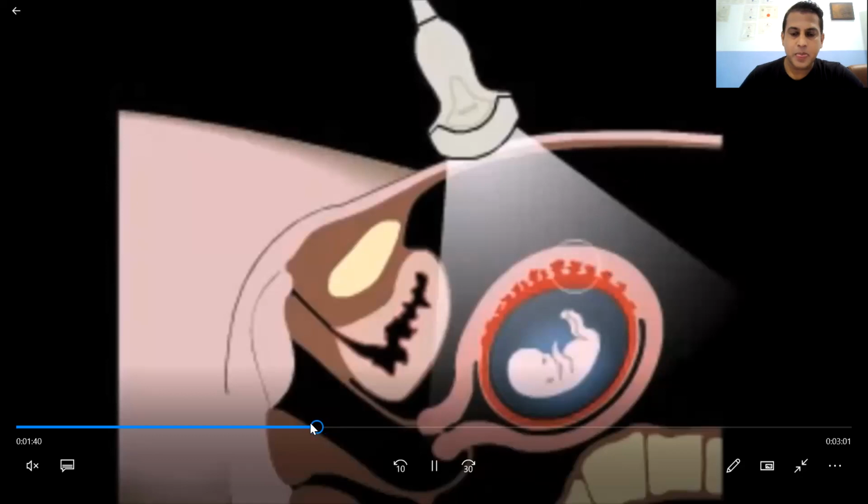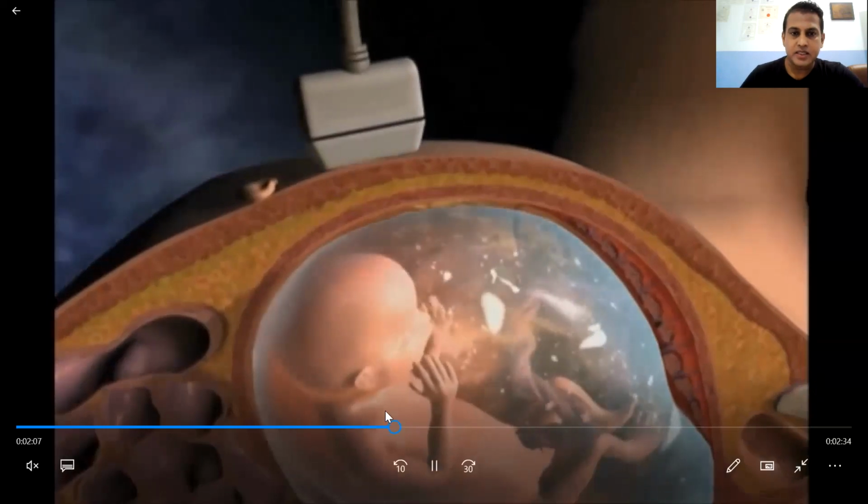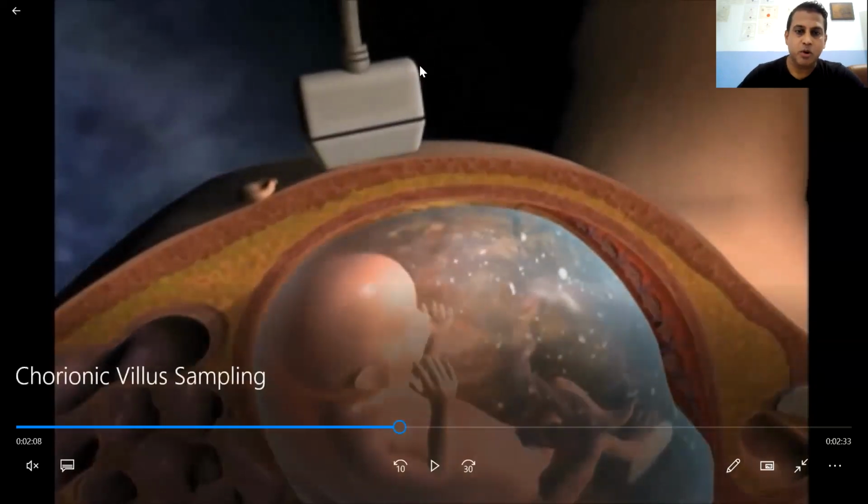So the first thing is, you can see the probe. This probe scans the fetus. The probe is placed on the belly of the mother, and through the skin it can get the images.